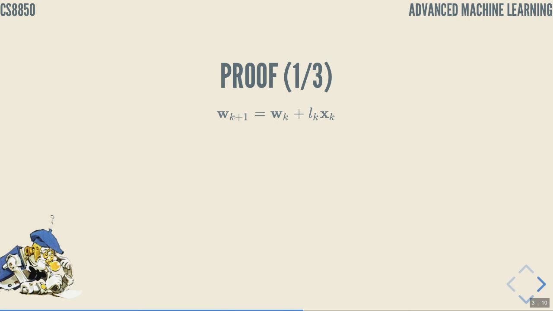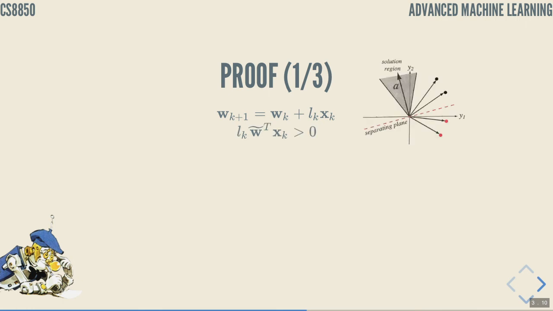This is our line 4 in the algorithm, right? Our next W_{k+1} equals W_k plus the misclassified X_k times its label. We know that for the solution W tilde, as a separating hyperplane, this inequality holds.